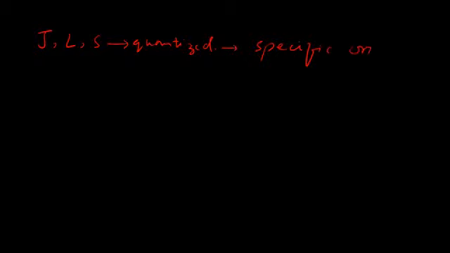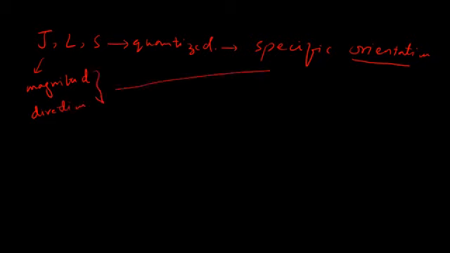For the total angular momentum, only specific directions or orientations are possible, as it is quantized both in magnitude as well as in direction. So all orientations are not possible.